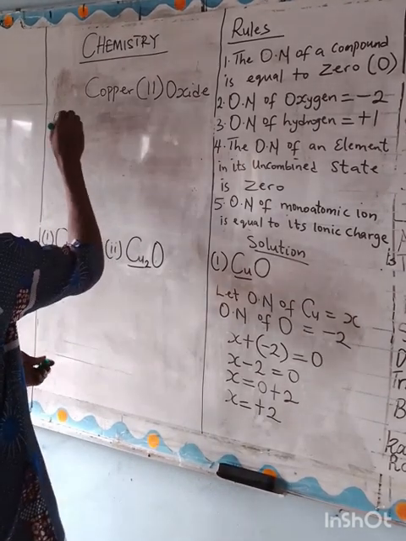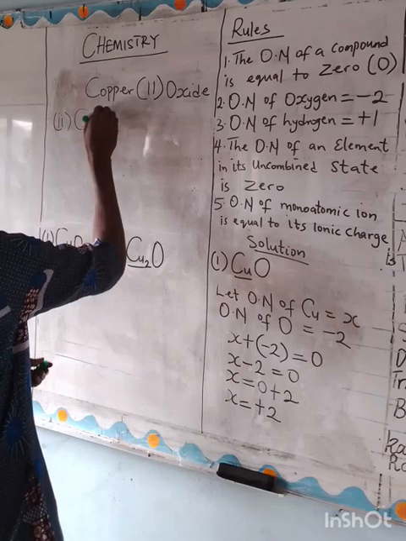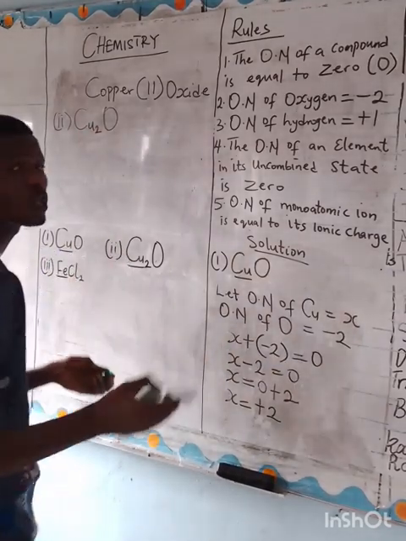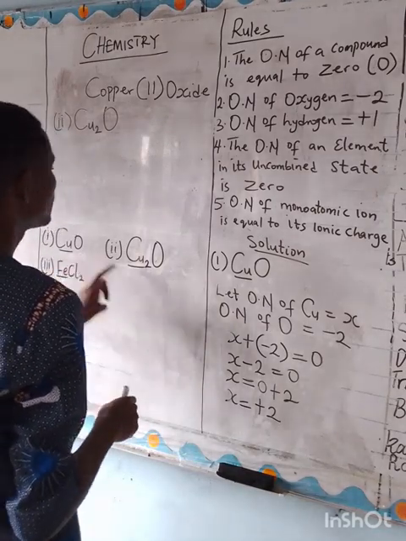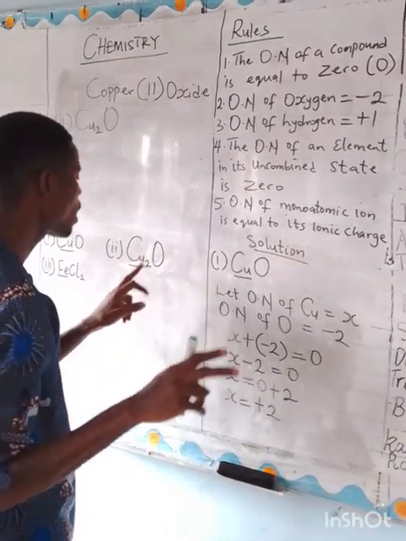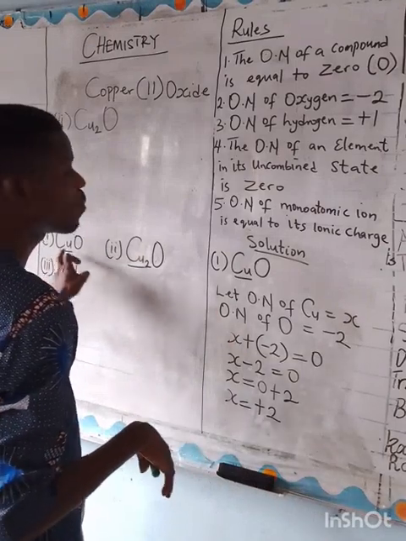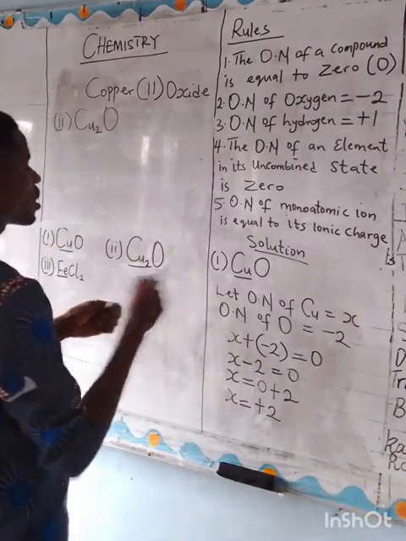So let's do the second one. Remember, this and this are not the same. We have just one copper here and one oxygen. But here we have 2 copper and 1 oxygen. So the oxidation state of copper here will not be the same as the oxidation state of copper here. So what do we do again?